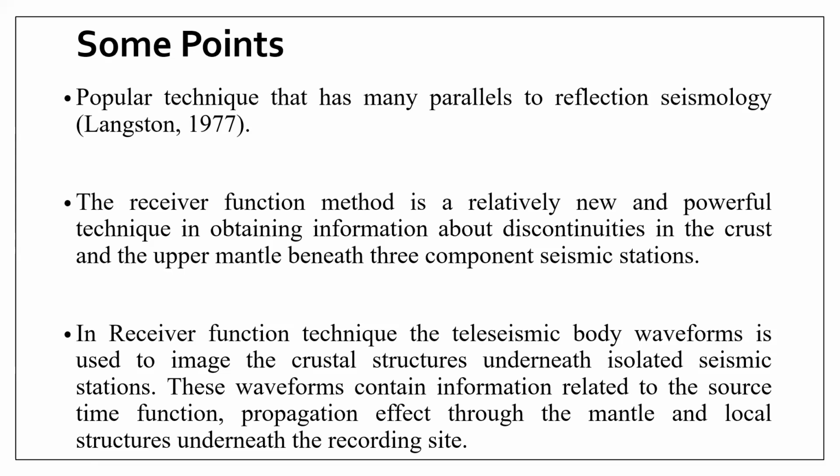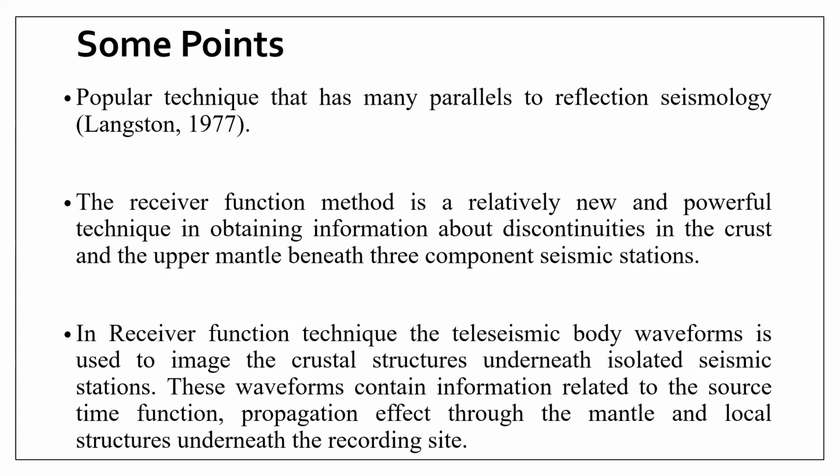This technique is basically used to image the crustal structure if you are considering a radial receiver function, but it is equally applicable for finding the upper mantle structure if you are using the S-wave receiver function.